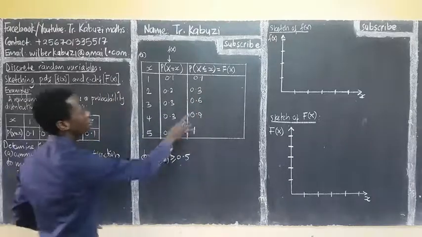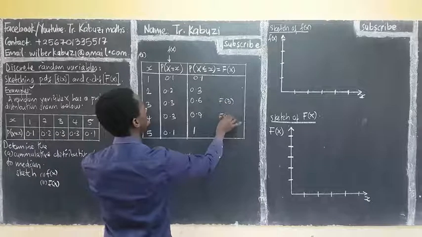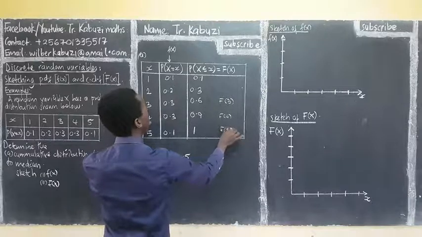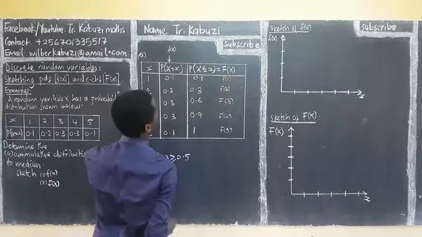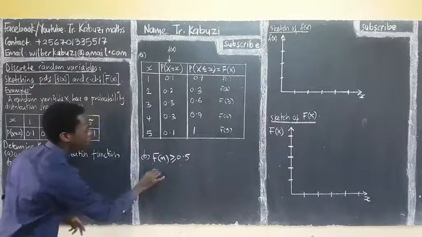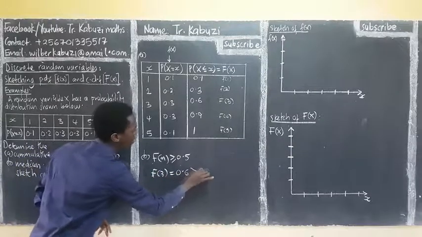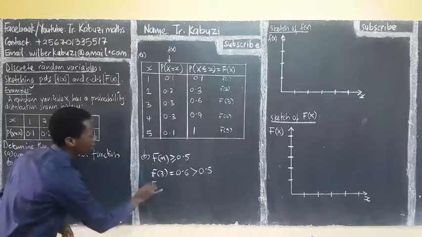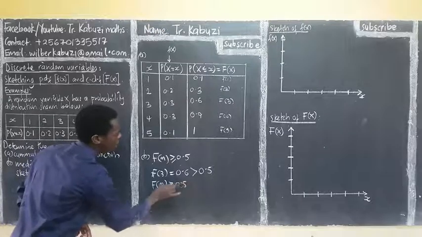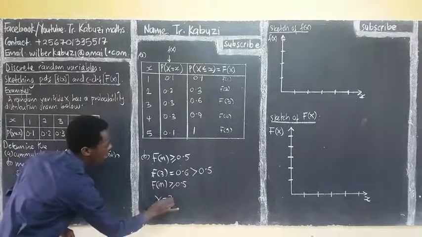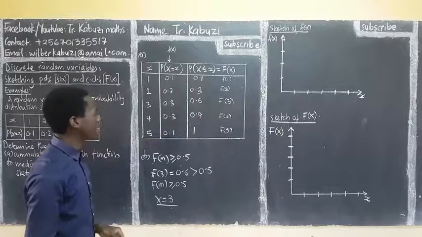So F of 3 equals 0.6, which is greater than 0.5. So the corresponding value of x, which is greater than or equal to 0.5, is the value. So our median is 3. It's the median because the 3 is the one which is giving us that value.